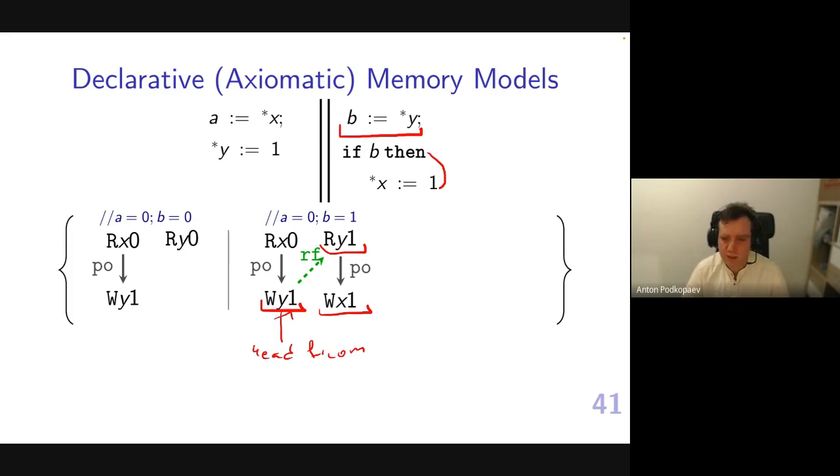I decided to make the examples a bit smaller, but you may think that there are some initial writes to both locations, and you have read-from edges going to those reads.